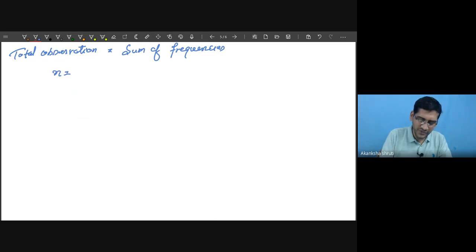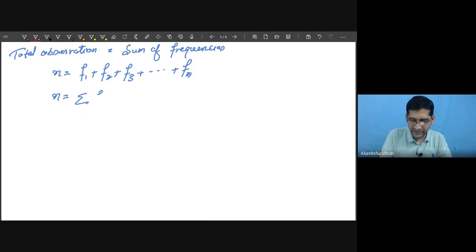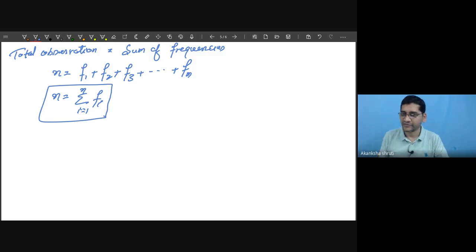So n is obtained by F1 plus F2 plus F3 going on plus Fn. Sometimes this is also denoted by the sum of Fi, i varying from 1 to n. So you have to keep this in mind. For group data, the total number of observations is obtained by counting the frequencies and adding them. It is one thing. Another small concept for calculating the mean is called class mark.